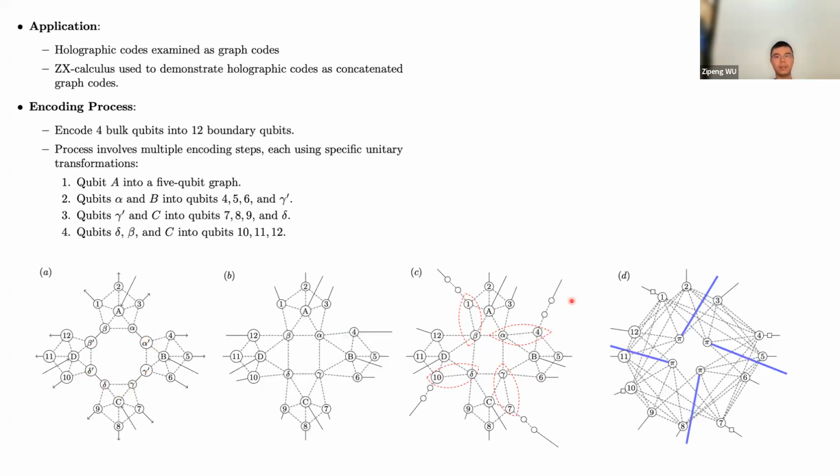Then we symmetrically select some boundary nodes to perform the pivoting, and the resulting encoder diagram is highly symmetric. And this is the resulting encoding diagram, which is locally equivalent to their results.